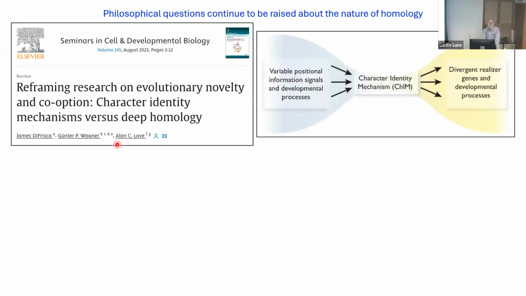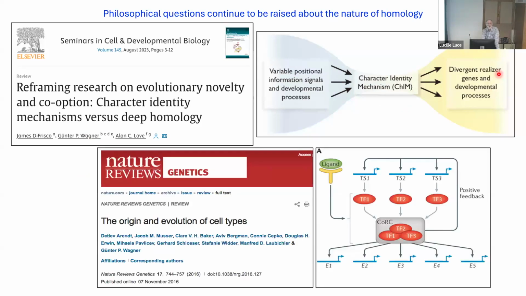But there's something that integrates information, coming to this kind of hourglass structure. This is where the mechanism sits, and then it has different readouts from that. The best example I can give you is actually for the origin of cell types. And this is another paper, from 2016, where Günter Wagner was the last author.